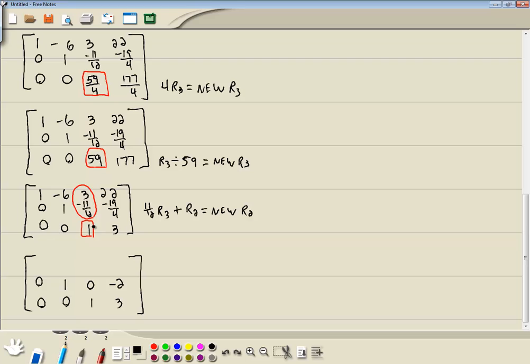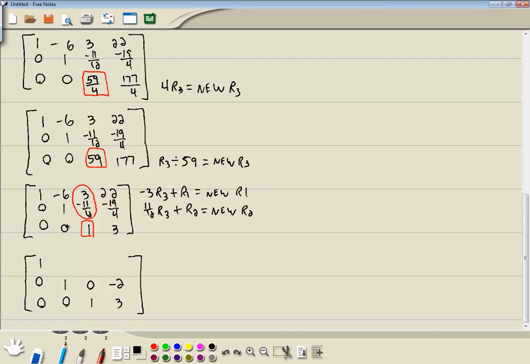Okay. Then we're going to take a look at this 1, and you ask yourself, what do you multiply it by that you can then add to this 3 to get a 0 here? And it's always the opposite number, so it'll be a negative 3. So negative 3 times row 3 plus row 1 gives us our new row 1. Okay, negative 3 times 0, 0 plus 1 is 1.